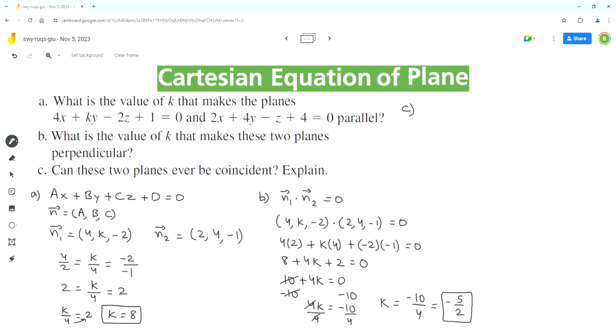Can these two planes ever be coincident? Explain. Two planes are coincident if their equations are scalar multiples of each other or the equations are the same. So let's analyze the two given equations.